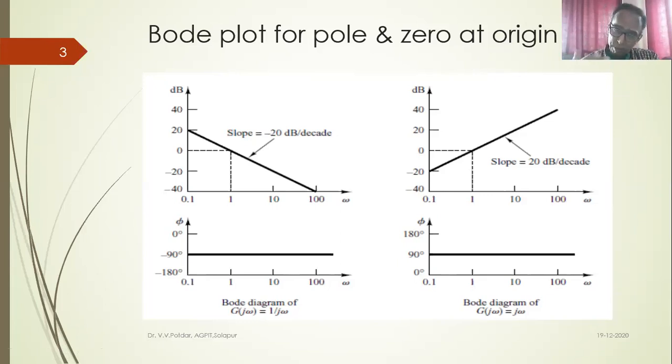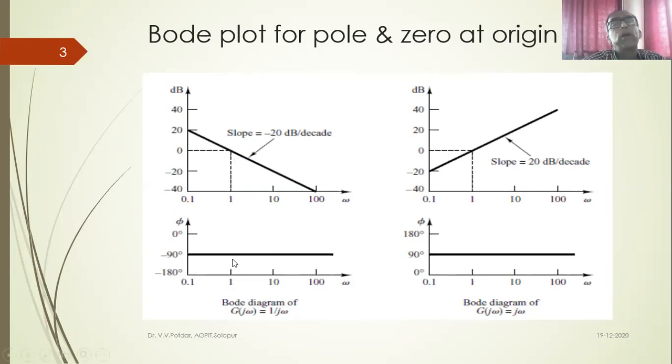If the term is s to the power 4, the slope will be 4 into minus 20, so minus 80 decibel per decade. In general, the slope will be n, the power of s, into minus 20 decibel per decade. So this is the Bode plot for a pole at the origin.